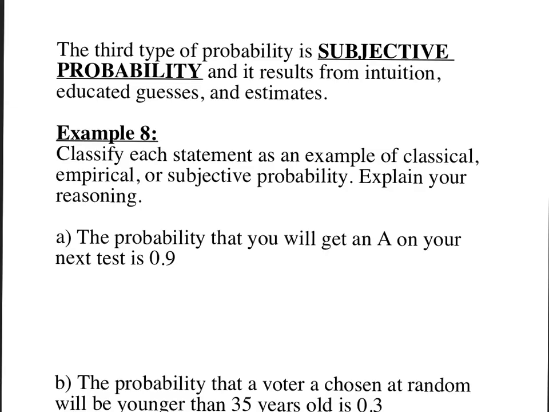All right. The third type of probability is subjective probability, and it results from intuition, educated guesses, and estimates. Classify each statement as an example of classical, empirical, or subjective probability. Explain your reasoning. The probability that you will get an A on your next test is 0.9. This is actually subjective. Okay, it's definitely not going to be theoretical.